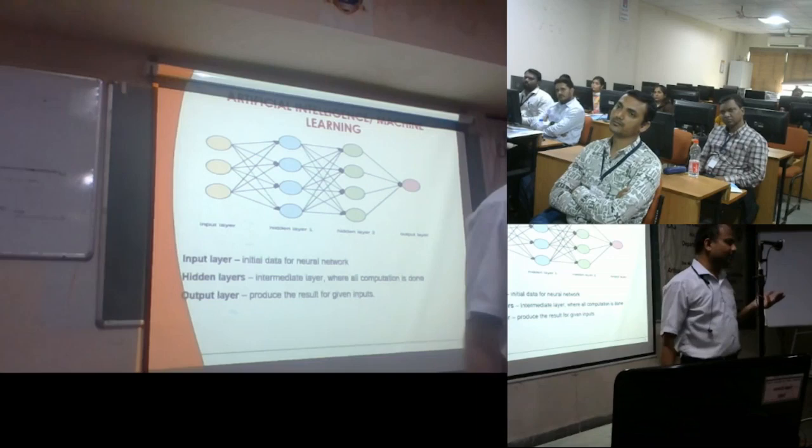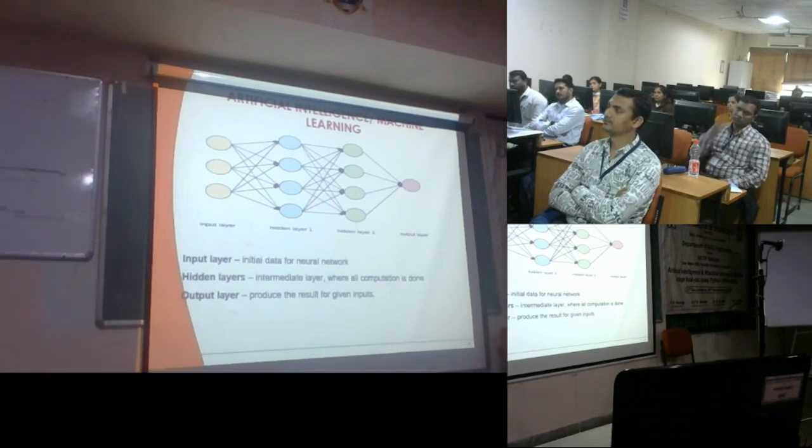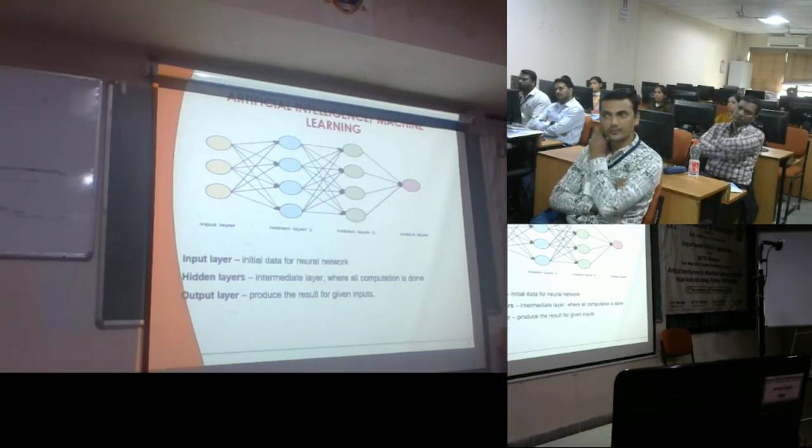The second hidden layer may be used for the rest of the one or two types. In this way, I can have 3 layers, 4 layers, depending on the complexity of the data.